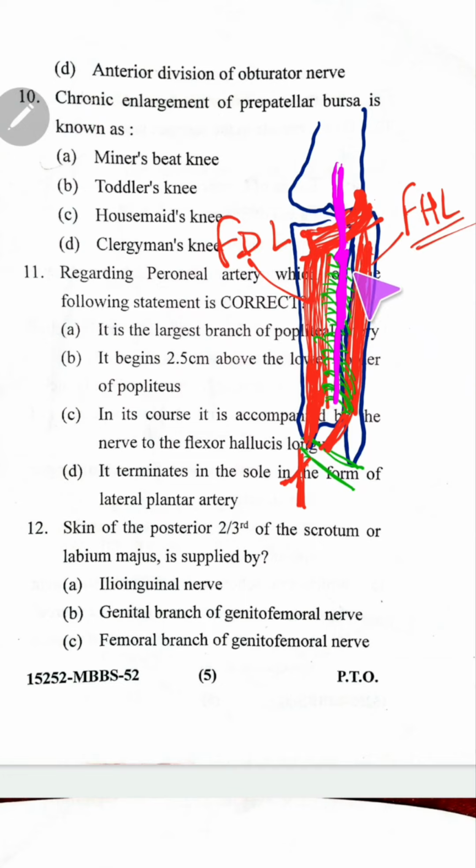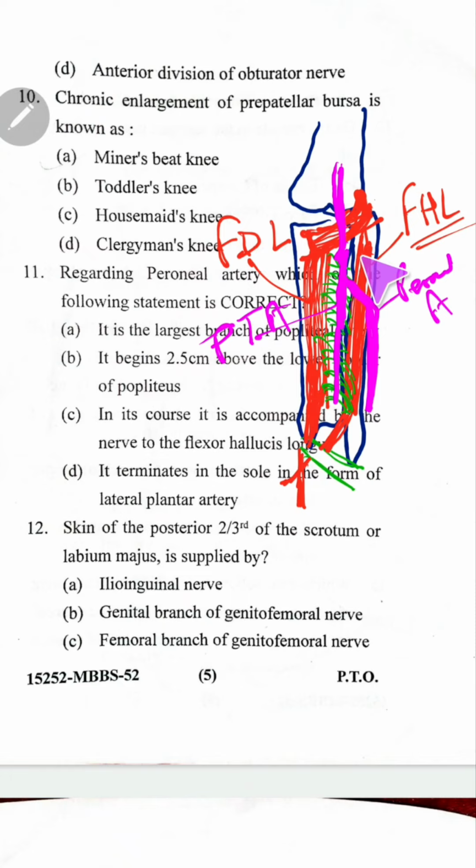So what happens is that the posterior tibial artery, around 2.5 centimeters below the lower border of popliteus, gives its lateral branch, and this artery is the largest and longest branch of the posterior tibial artery, and that is the peroneal artery. And this is the posterior tibial artery. So the peroneal artery is the longest and largest branch of the posterior tibial artery, given out 2.5 centimeters below the lower border of popliteus.